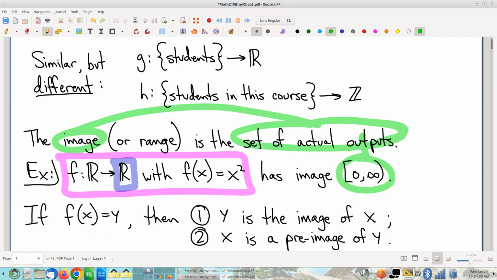The word range, depending on which book you're reading or who you ask, some people like to use the word range to mean target. Some people like to use the word range to mean image. That word range means different things to different people. Not cool, right? We have to all agree. If we're going to have a precise conversation about important ideas where subtleties matter, we cannot have confusion over what a word means.